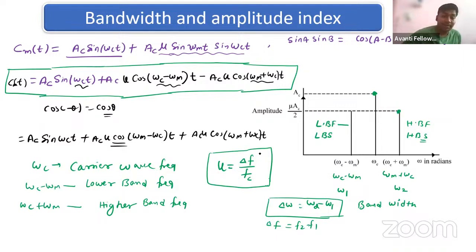By using this formula, we can solve all the problems that are asked in our exam. Okay. So take a screenshot of this expression also. And when you solve this, you will get the bandwidth equal to 2 times omega m, that is, 2 times the message wave frequency. Okay.